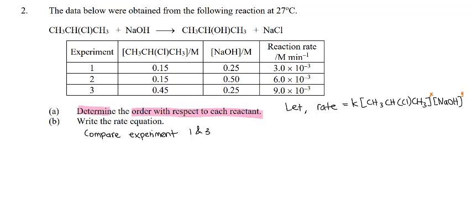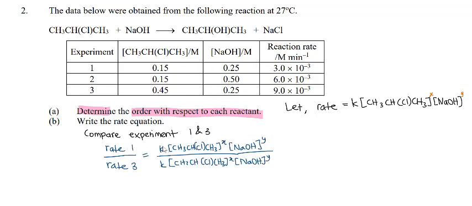So from here we have experiment 1 and experiment 3. Since we already know that the value of k is still the same even if you change the concentration, we can cancel it out, and also the concentration of NaOH for these rates is the same, so we can cancel it out too.